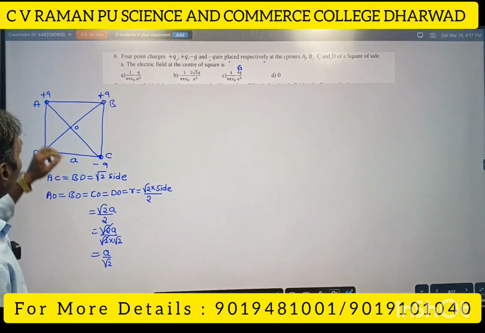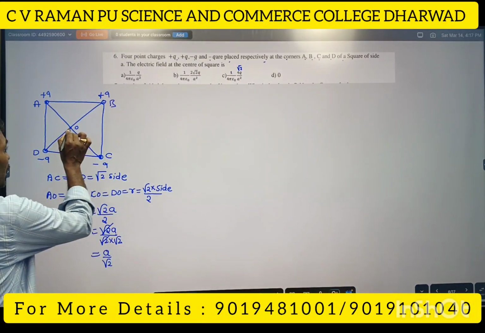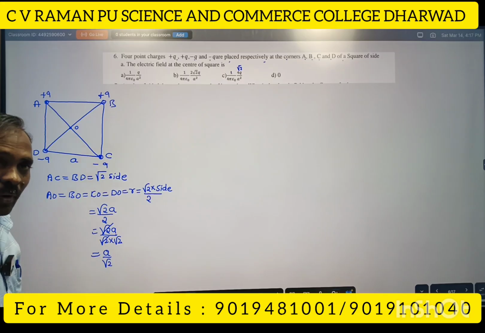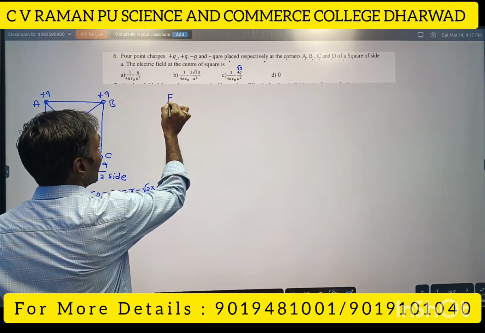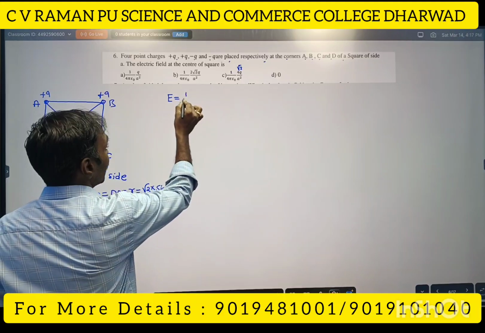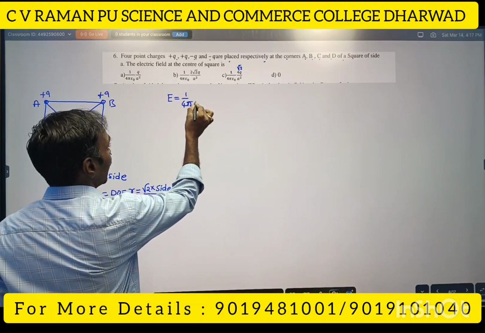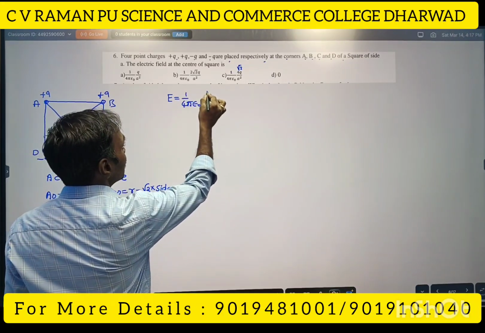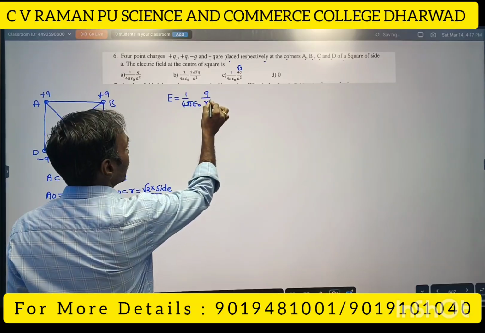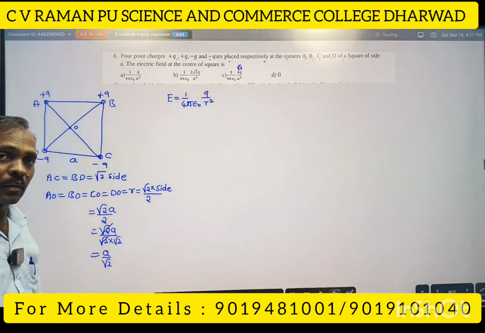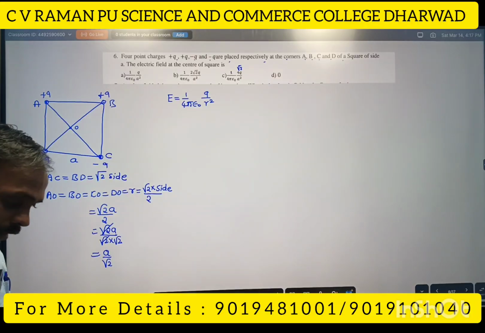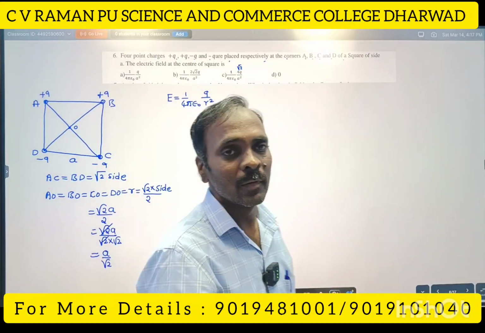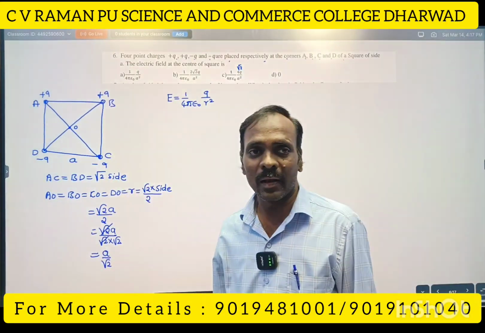Now let us calculate the electric field at the center of the square. What is the formula of electric field? Electric field is given by 1 upon 4 pi epsilon naught charge divided by distance square. Electric field is a vector quantity, so it has a direction.